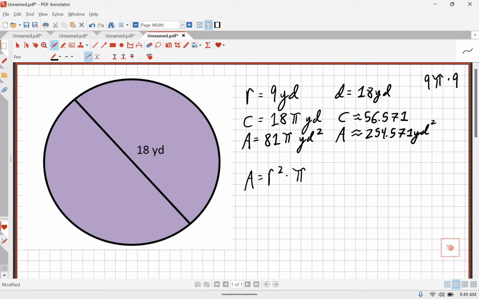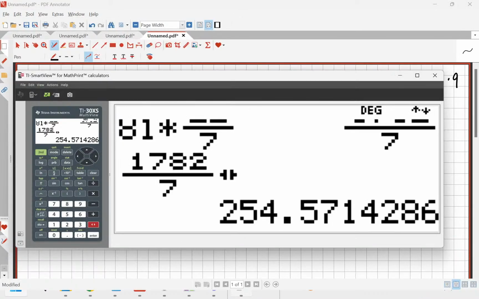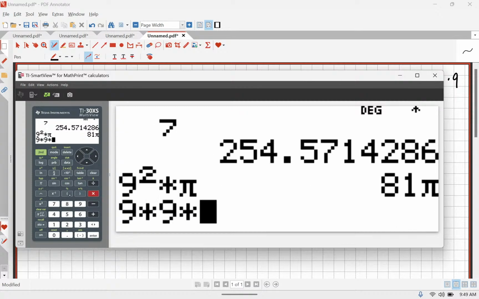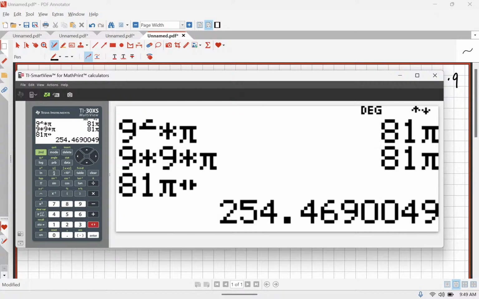So instead of having to do 9 and then half the circumference, which is 9 pi, 9 times 9 pi, you actually can just do 9 squared times pi, and would have given you 81 pi directly. Or 9 times 9 times pi. That also works. Yep, and then if you want the approximation, you can use that, and that's your approximation. That's your approximate when you use your pi button.